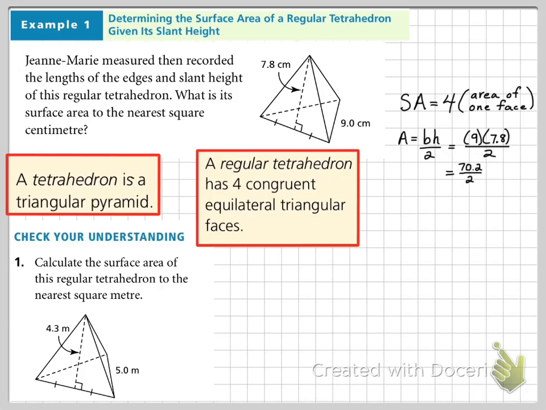So that'll give us the area of one face of 35.1. So that tells us that the surface area is 4 times 35.1, or approximately 140 square centimeters. Your job is to check your understanding on your own.